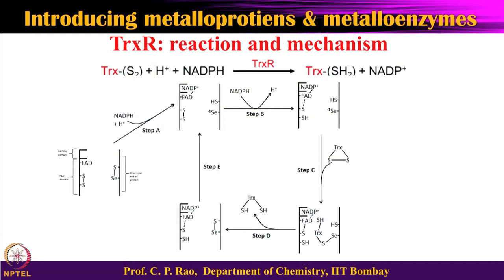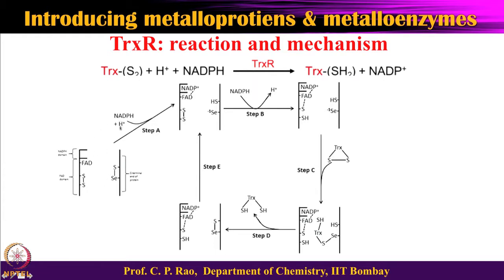Now, we have already looked at the glutathione peroxidase cycle. Let us look at the thioredoxin reductase cycle. Okay, see the enzyme here. So, in the native form you have a disulfide, you have a selenium sulfide cluster.